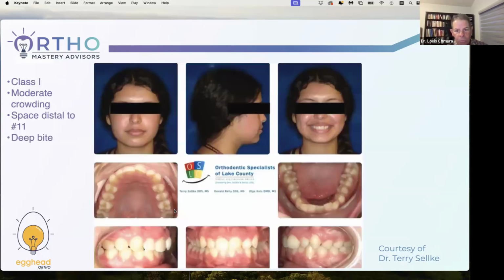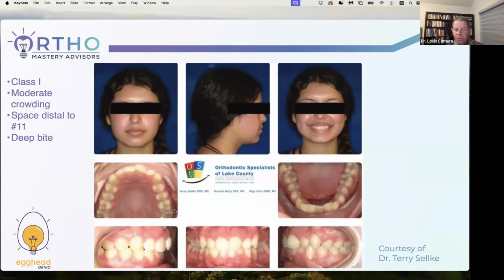Here's another one, class 1. She's got moderate crowding. You can see she's crowding upper and lower, right? But she's got a little space distal to the upper left canine and mildly small laterals, upper laterals. Pretty straightforward, right? Those upper teeth are going to come forward just a little bit. That's where you're going to get your space for your lowers.